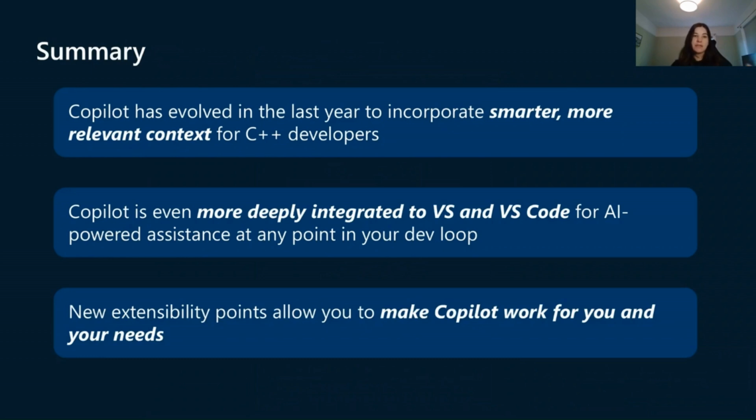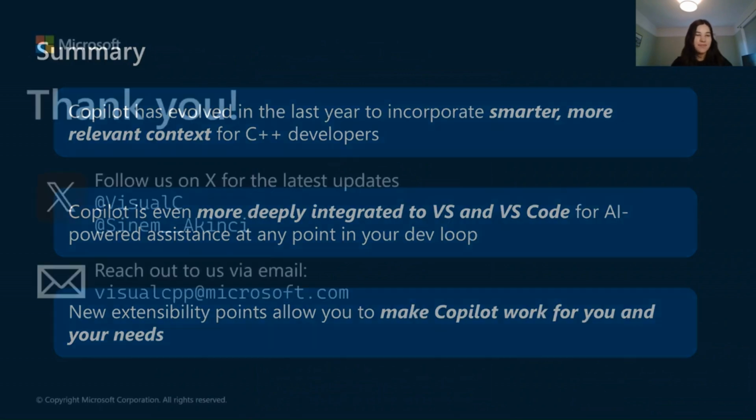Additionally, new extensibility points are available to allow you to make Copilot work for you and your needs, including several different models to pick from across both Visual Studio and VS Code, custom instructions that you can use to cater your chat workflows, or if you want to exclude any sensitive content via content exclusion.